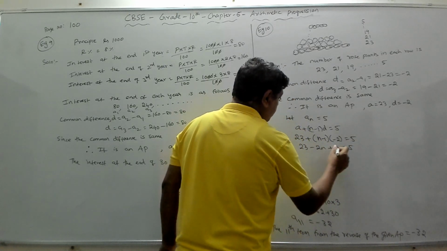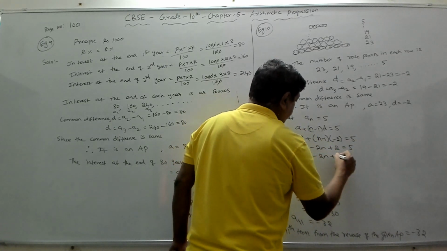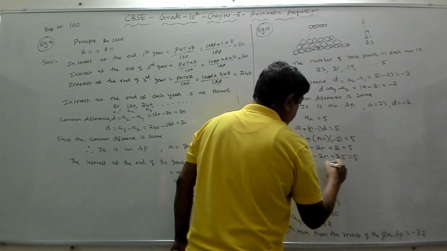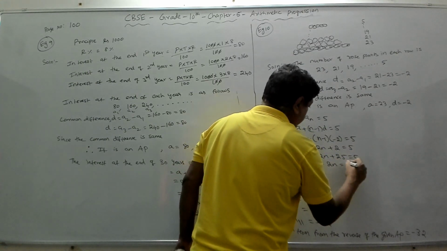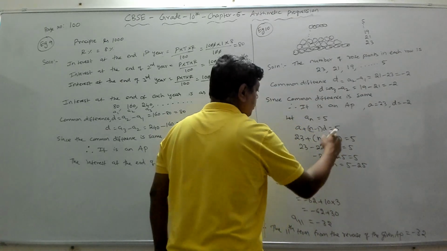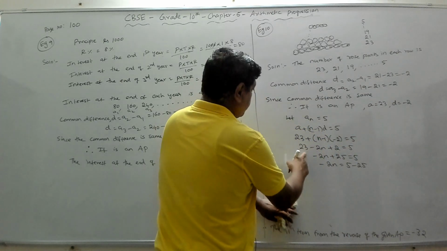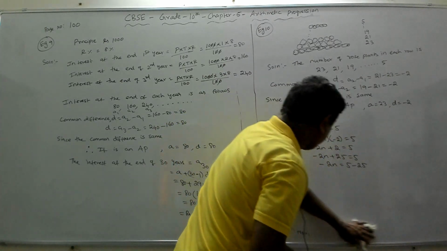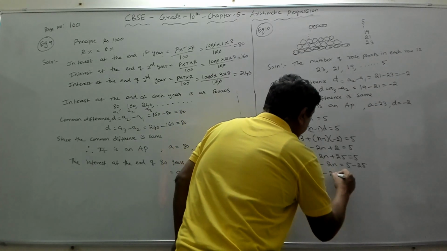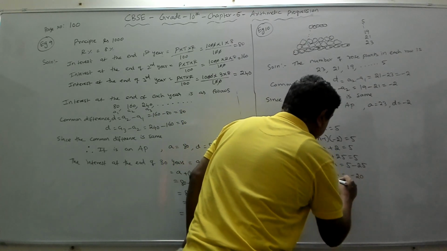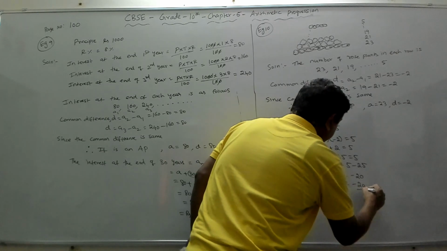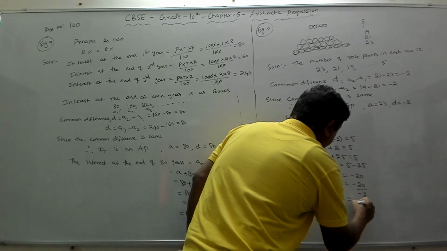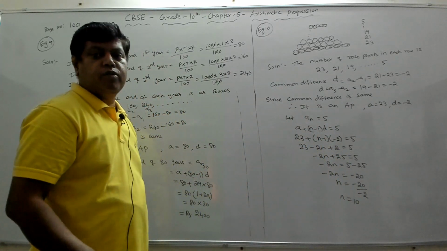So you get 23 plus 2 is 25, minus 2n plus 25 equal to 5. Then 25 goes to the other side, so minus 2n is equal to 5 minus 25, which is minus 20. So n is equal to minus 20 by minus 2. Your n is equal to 10.